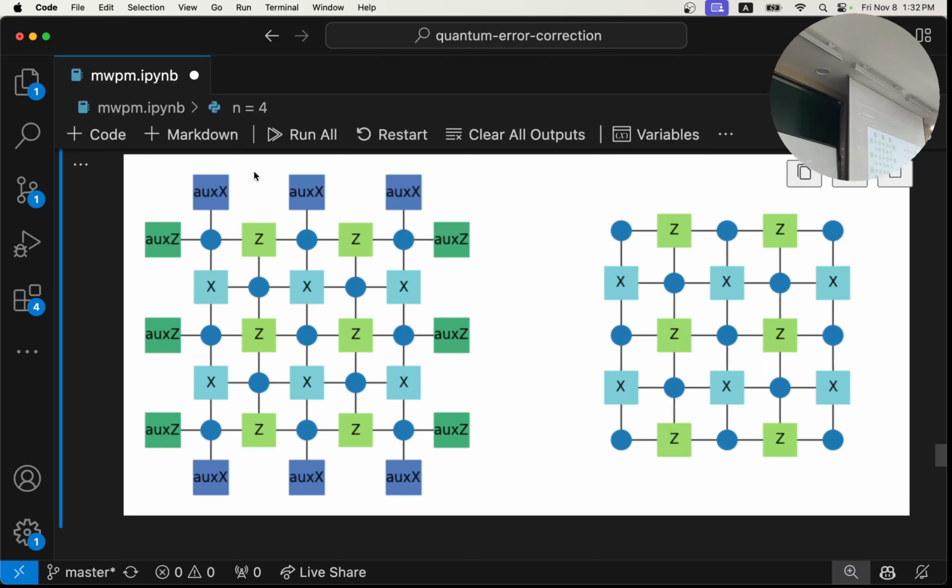The entire quantum state, the quantum information stored in these 4 data qubits, is in the +1 eigenstate.